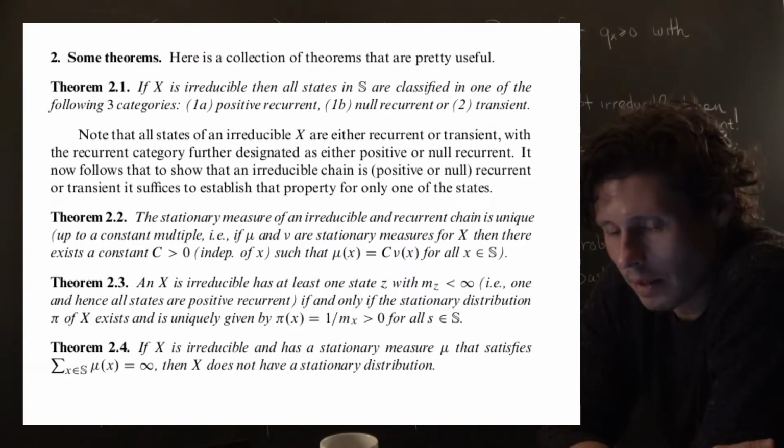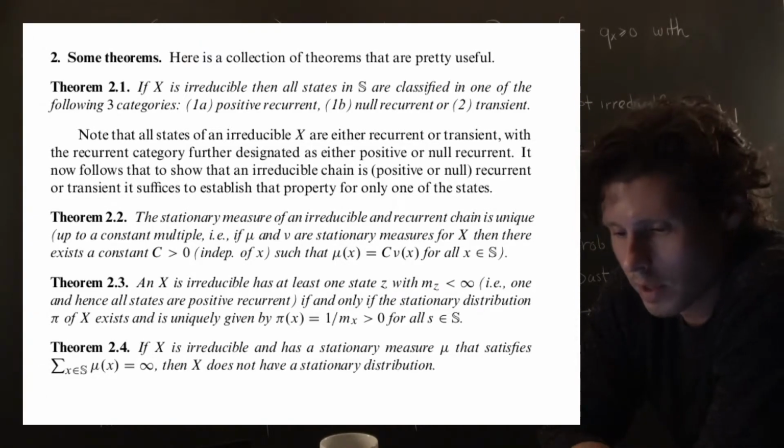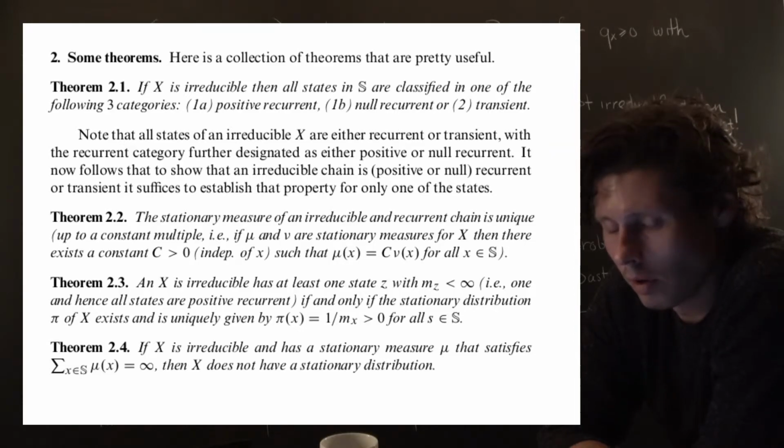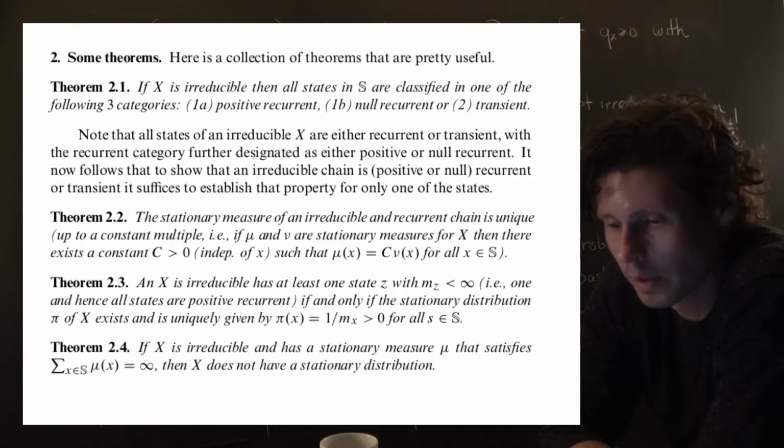And the recurrent category breaks into two parts as well, positive recurrence and null recurrence, and the same thing applies. Once you have an irreducible chain and you show that one of the states is positive recurrent, they're all going to be positive recurrent. Same thing with null recurrent. With an irreducible chain, if you show one state is null recurrent, all of them are null recurrent. And we already mentioned that being true for transients.